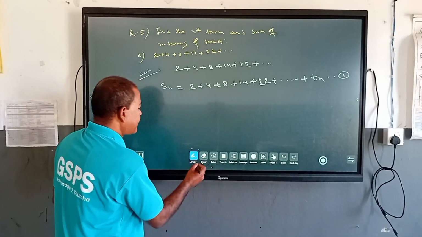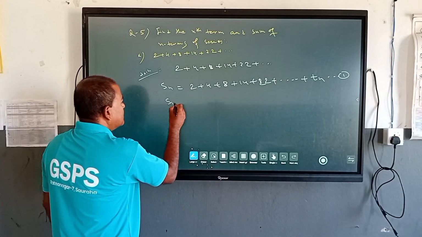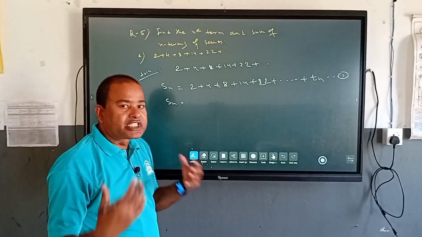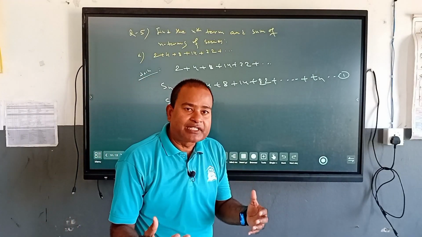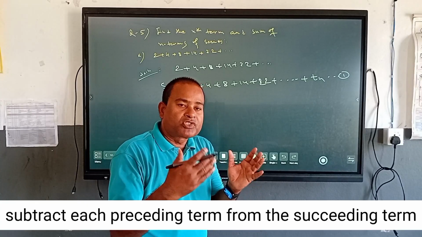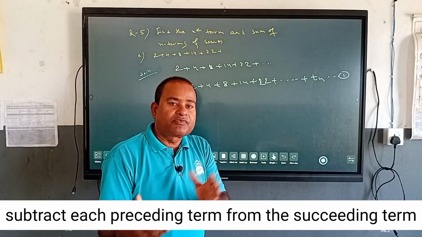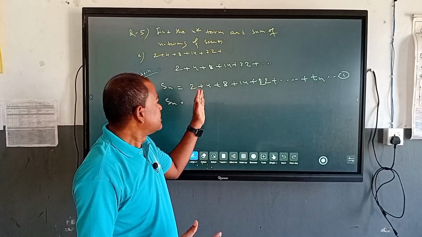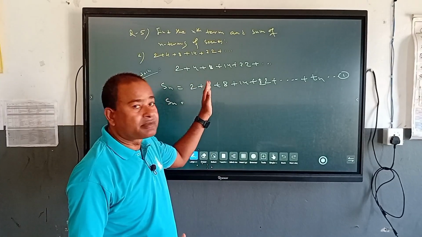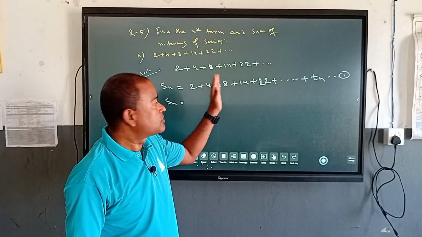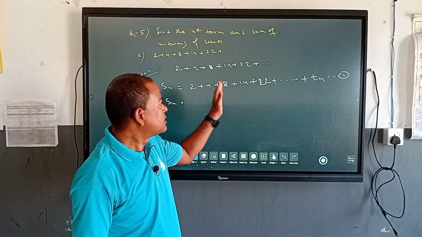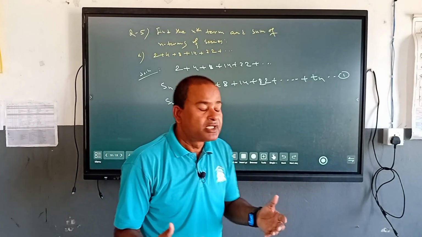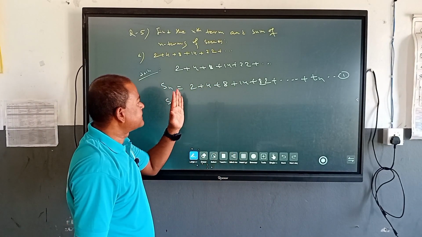Now, according to the successive difference method, we have to subtract each preceding term from the succeeding term. That means we subtract the first term from the second term, the second from the third, and again the third from the fourth.